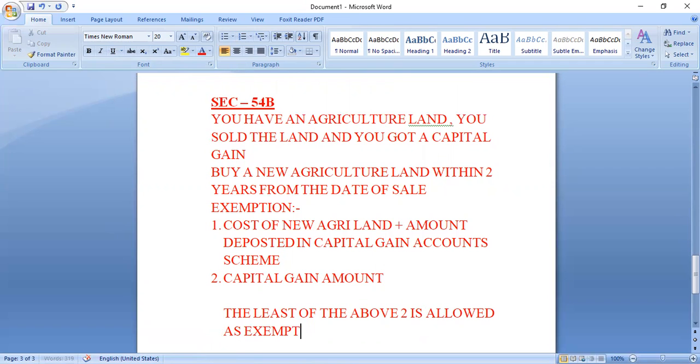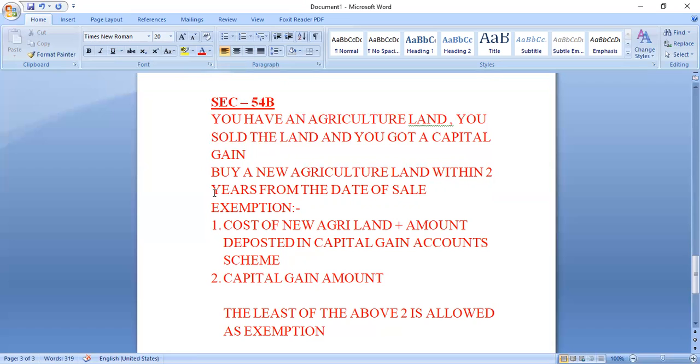The same will be for section 54. For section 54, cost of new house plus amount deposited in capital gain account scheme, and second is capital gain amount. The least of the two is allowed as exemption.